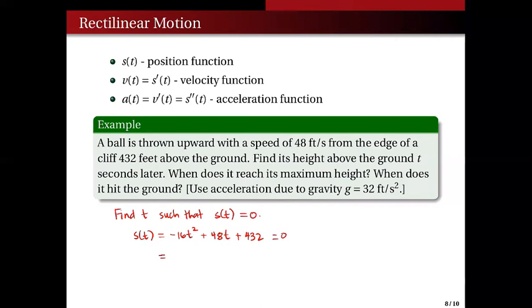So this means you have negative 16 times t squared minus 3t minus 27. 432 divided by 16, is that correct? Yeah, that's 27.